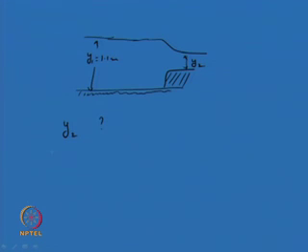For that, first you need to evaluate the specific energy at section 1, that is at the upstream. E 1 is equal to y 1 plus (q by b 1) whole squared by 2 g y 1 square.